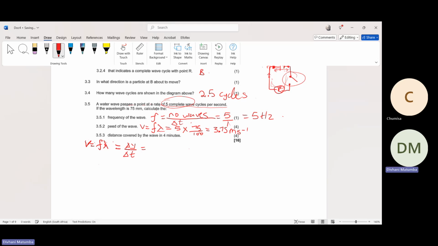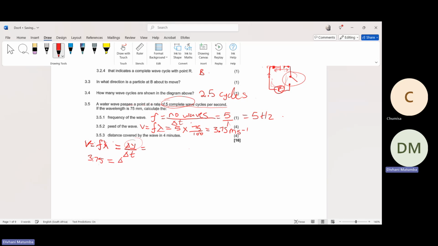Do we have the velocity, or do we have the speed? Sorry. Yes, sir. Which is 3.75 meters per second. 3.75 is equal to, do we have the change in displacement, or the distance? No, we don't have it.